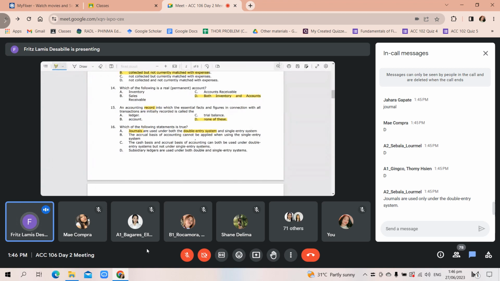Ana siyang single entry. So letter B, accrual basis of accounting cannot be applied when using the single entry system. No? Pwede ra gyapon. The cash basis and accrual basis of accounting can both be used under the double entry system but not under the single entry system. Okay. Dahil lang, naglibog sa 16.